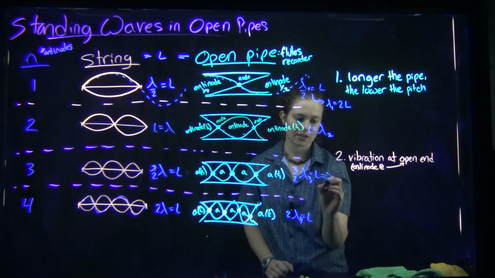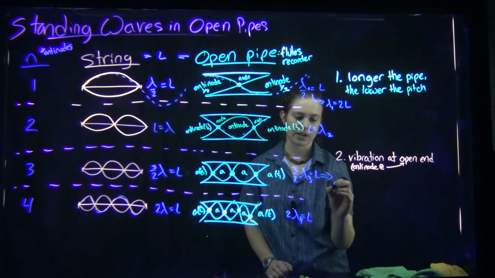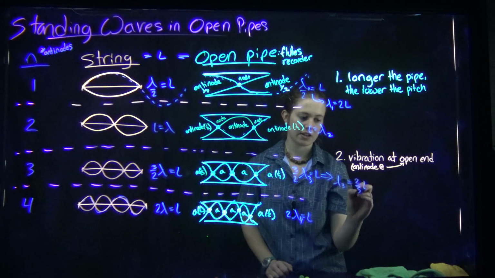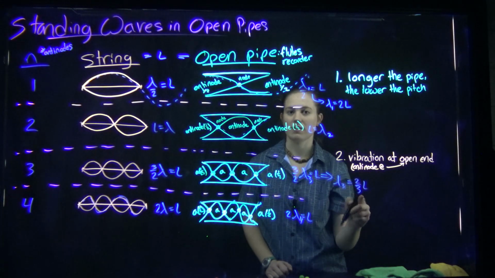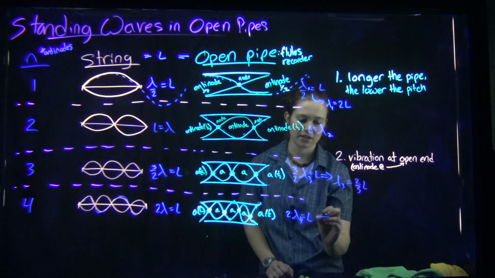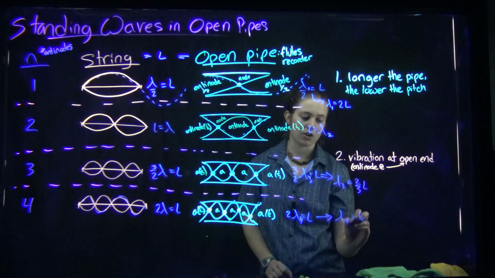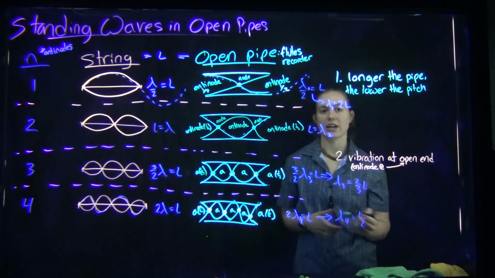Here, we solve this for lambda, we get lambda is equal to 2/3 L. 2/3 of L is smaller than L. And then here, if we solve this for lambda, it's equal to L over 2. So our lambdas are getting shorter.